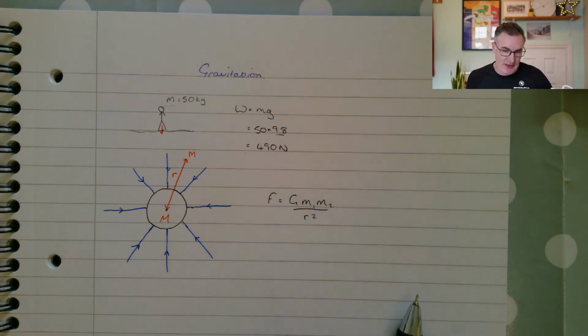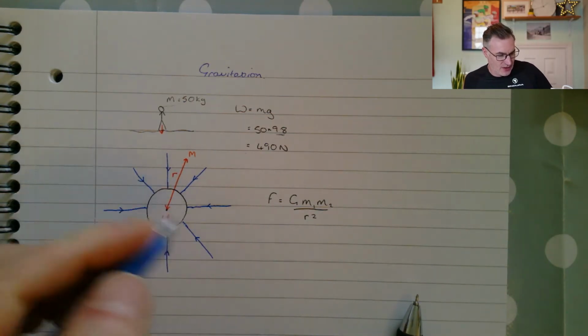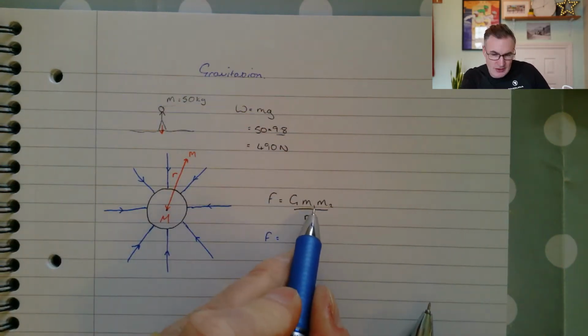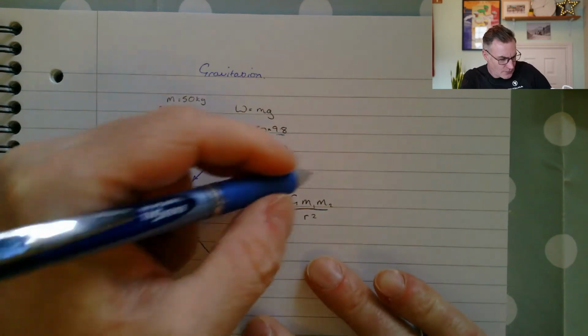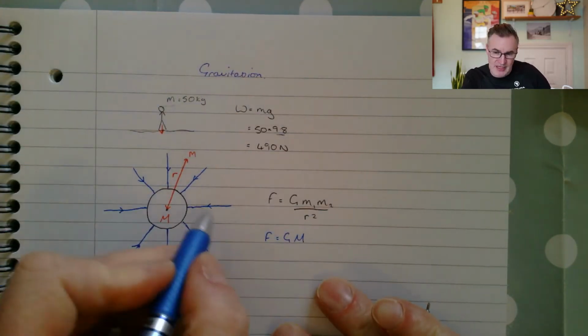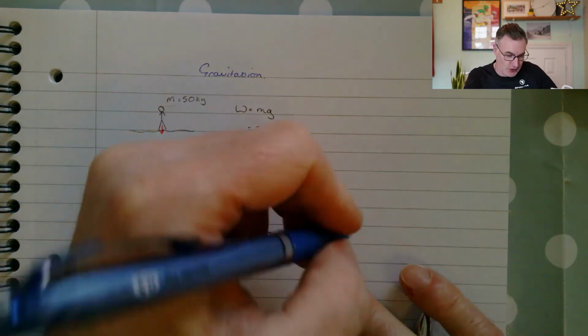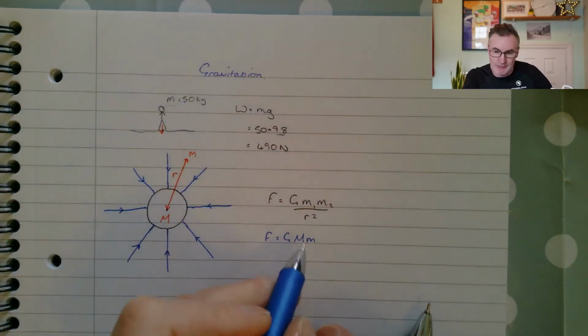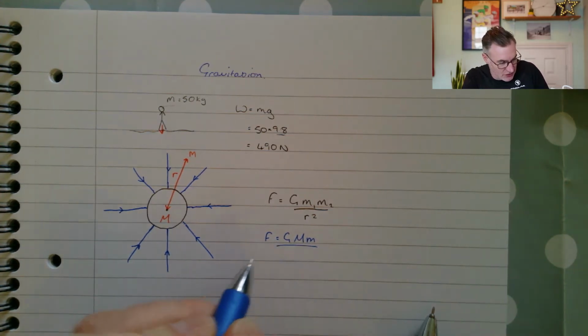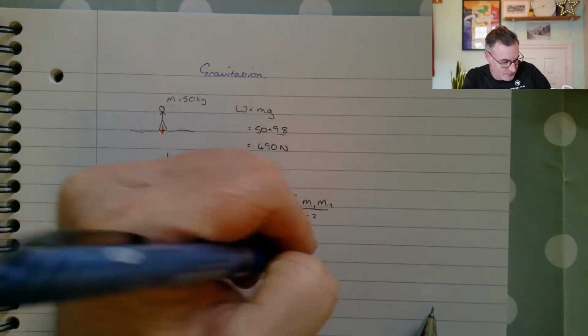More typically, I'll write this equation as big G, big M, small m over r squared, where big M is the mass of the planet or the star, and small m is the mass of the object that's in the gravitational field.